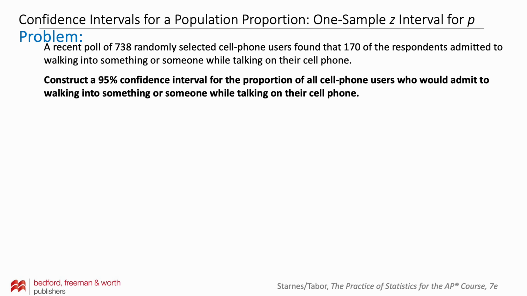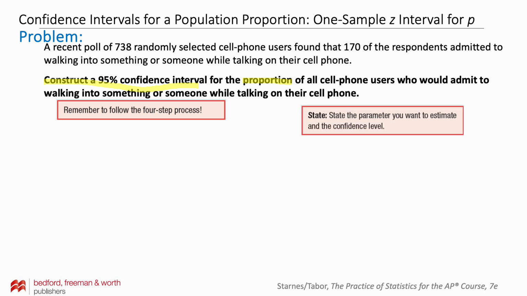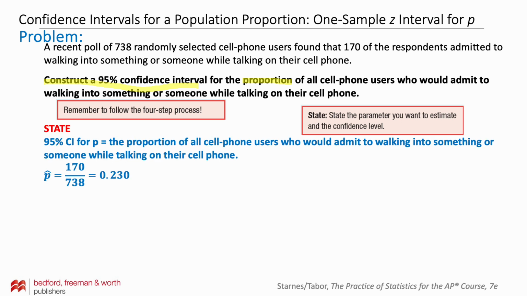So the first thing I want to do is highlight that they are talking about a proportion. That tells us what type of inference we're going to need to do in order to construct a 95% confidence interval. So the first step is to remember we need to follow the four-step process: state, plan, do, conclude. So the state portion is we need to write down all the information for our parameter and our confidence level.